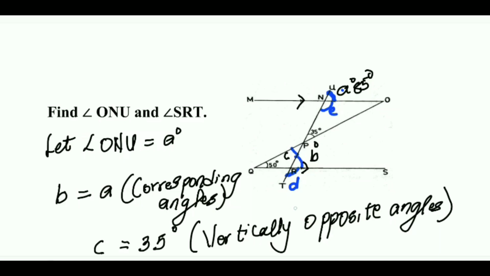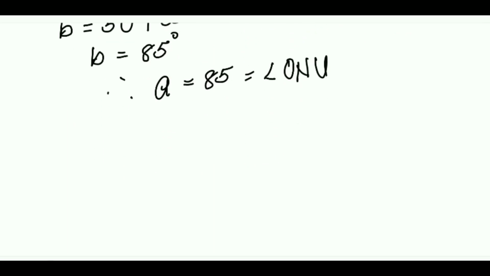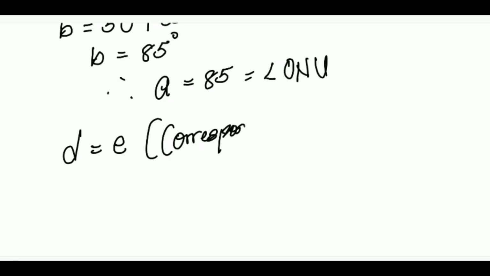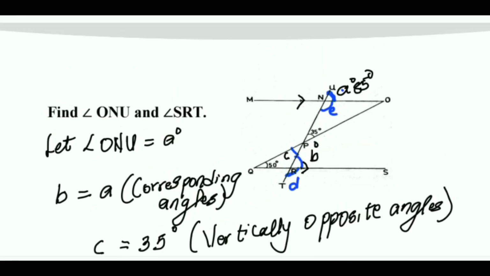And my B is an exterior angle to triangle PQR. So the implication is the exterior angle of a triangle is equal to the sum of the interior opposite angles. So if I call this A, B, and C, then my exterior angle here will be equal to A plus B. Exterior angle of a triangle.